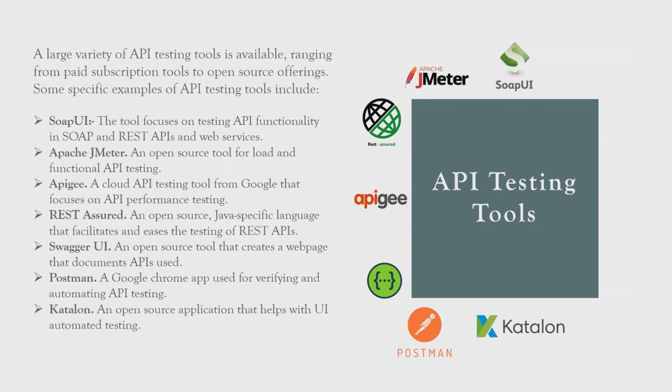Swagger UI is an open source tool that creates a web page that documents API use. Postman is a very important tool, originally a Google Chrome app, used for verifying and automating API testing. Katalon is again an open source application that helps us with UI automated testing.